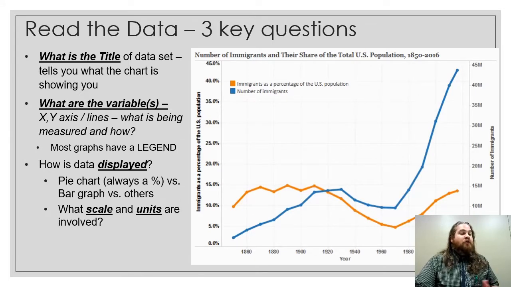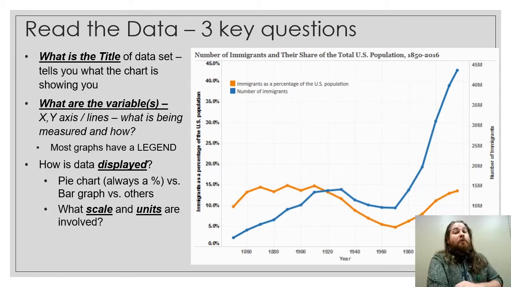There are also bar graphs, there are pie charts, and so these also have scale in units. The scale must always be the same. As you can see on this, they are moving forward in history every 20 years on the x-axis. And on the y-axis, they're moving up by 5 percentage points or by 5 million people. And so it's very, very important to look at what the scale is and whether the scale is reliable.